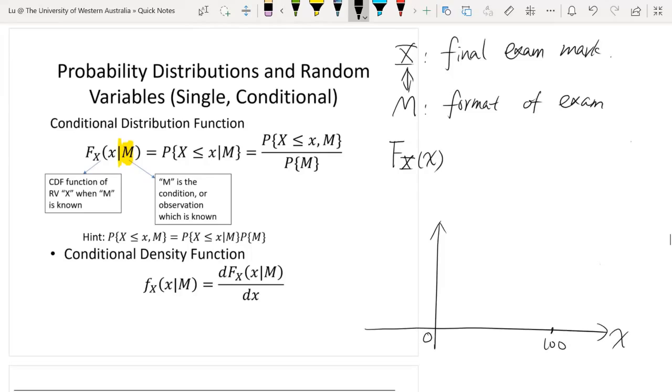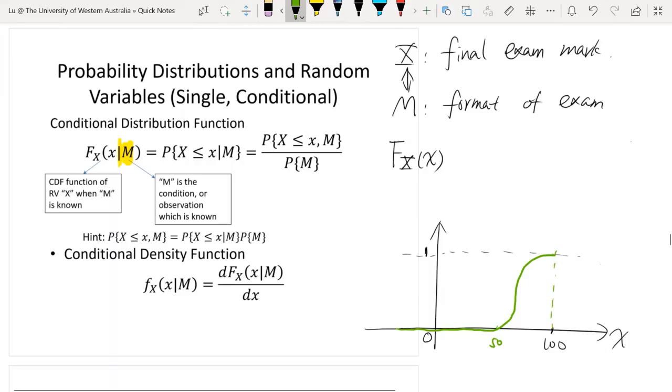But because this is about the CDF function for this random variable, its curve must be between 0 and 1. And the shape of the curve may look like this, of course, depending on your performance. Okay, this is the CDF function for the random variable X.